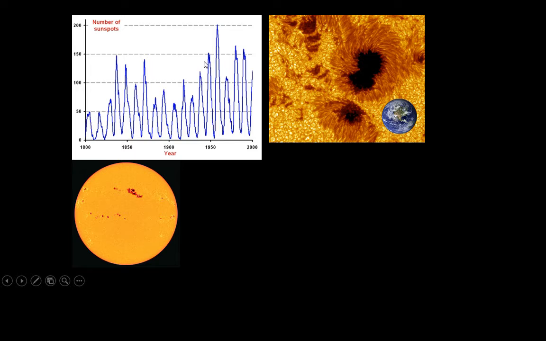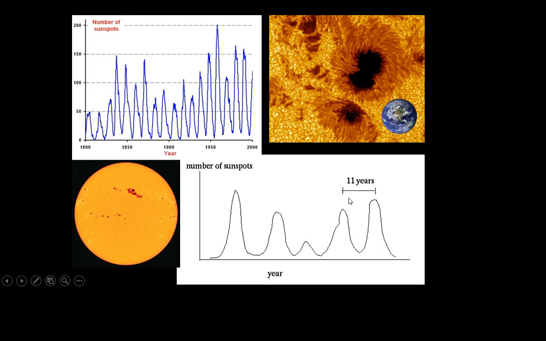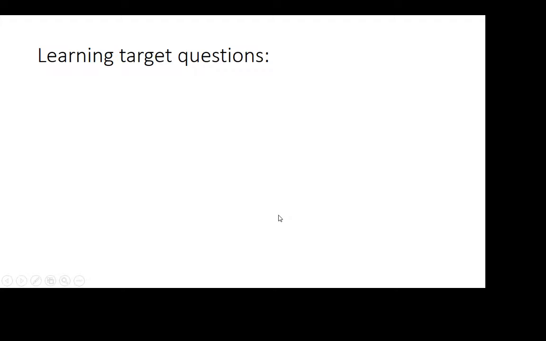Right now we're at a solar minimum, but we could be at a solar maximum soon, which means we need to be prepared for a possible increase in solar storms. So the 11-year cycle is important to watch.